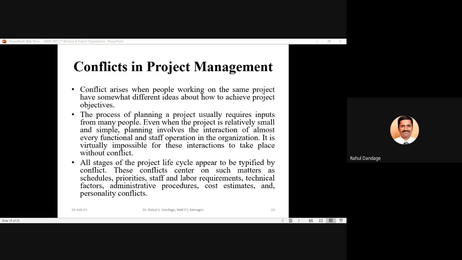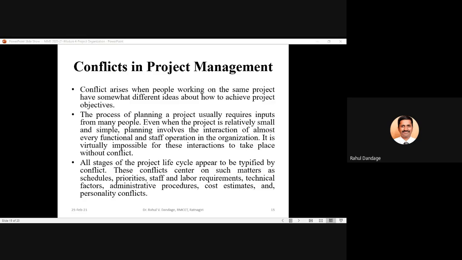The staff and labor requirements. With respect to the human resources required for a project, there will be conflicts, particularly when you are sharing resources from a functional department or functional area.